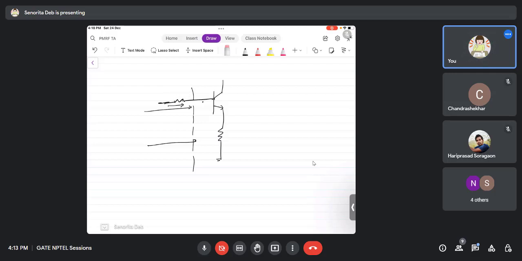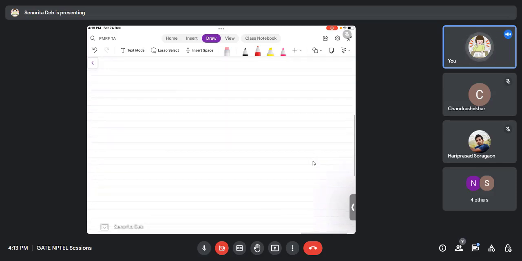So now let us see how the presence of RE affects the circuit. Now let's come to the small signal model. We had R pi going between base and emitter, and then I had this source, GM times V pi, and we saw that V pi is the voltage across R pi.